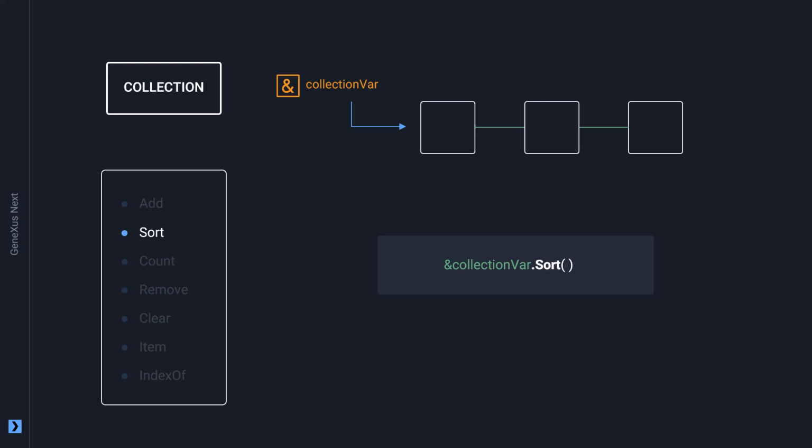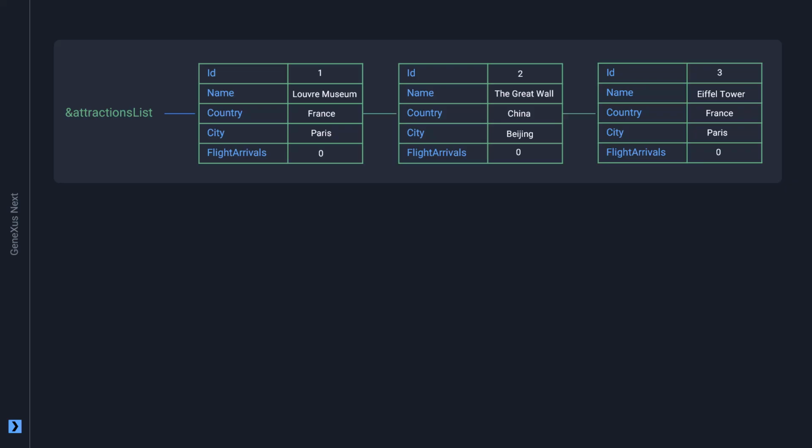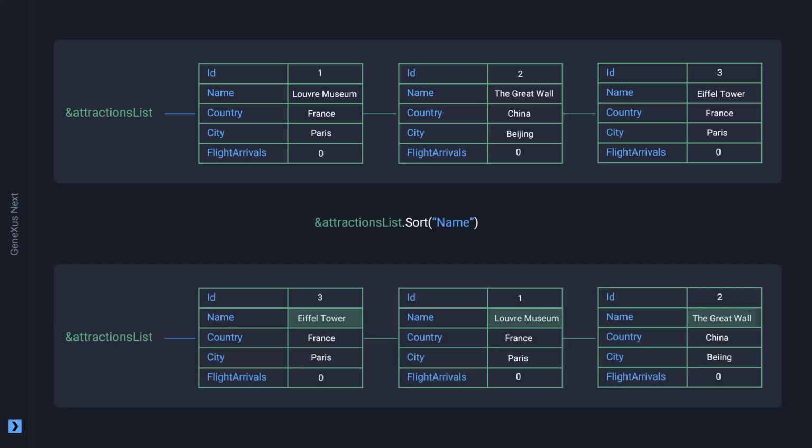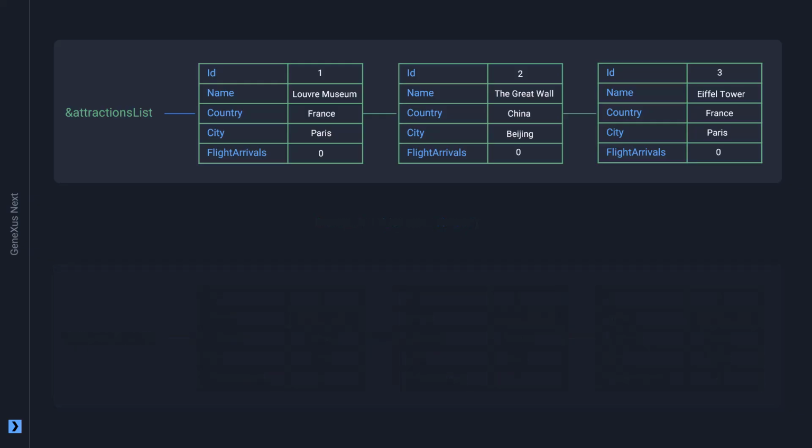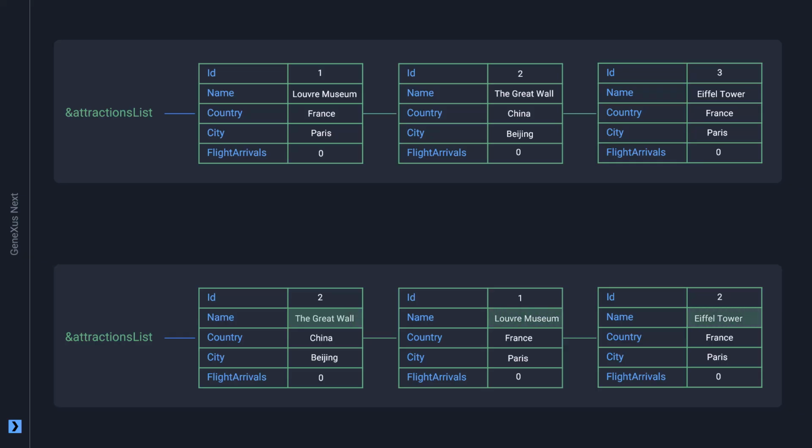And if it is a collection of structured data, as in this case, then we can instruct it to sort the collection according to one of the members of that structure. For example, according to name, and the result will remain in the same collection variable, which will now have its items reordered. And if we want to sort it in descending order, it is enough to place straight brackets around the member's name.